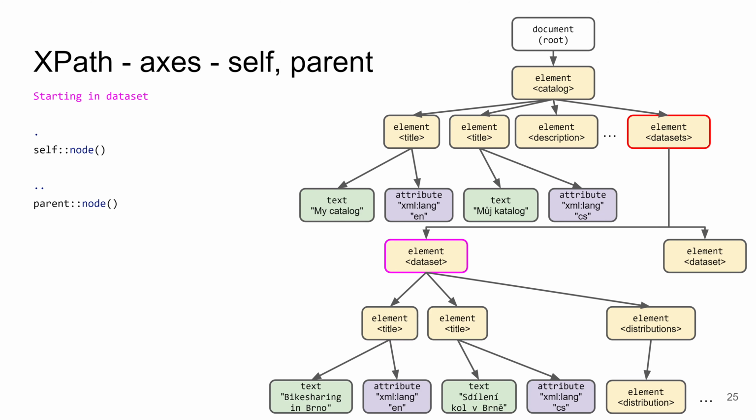So 1 dot is the current node, and the 2 dots is the parent node. So for instance, if we start in a dataset, the pink bordered node, the self node contains that pink node, and the parent node will point to the red bordered element datasets.